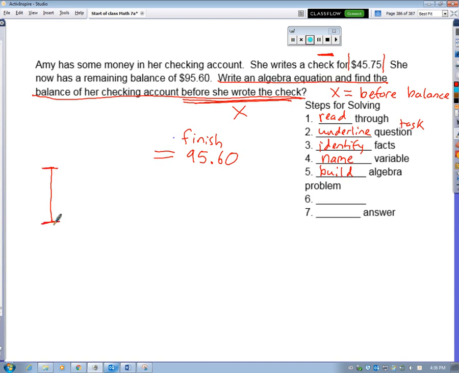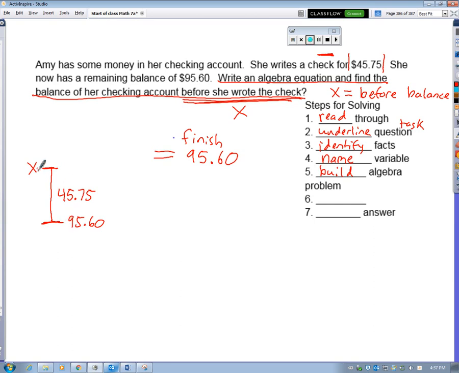Okay, we have our checking account here, and this can be our beginning balance, which we don't know is X. Alright, then some money disappeared, some money left, and that was the check of $45.75, and then now she has $95.60. Okay, sometimes drawing it out on a line like this helps get a visual. She had this much money, she wrote a check, now she dropped down to this much money left.